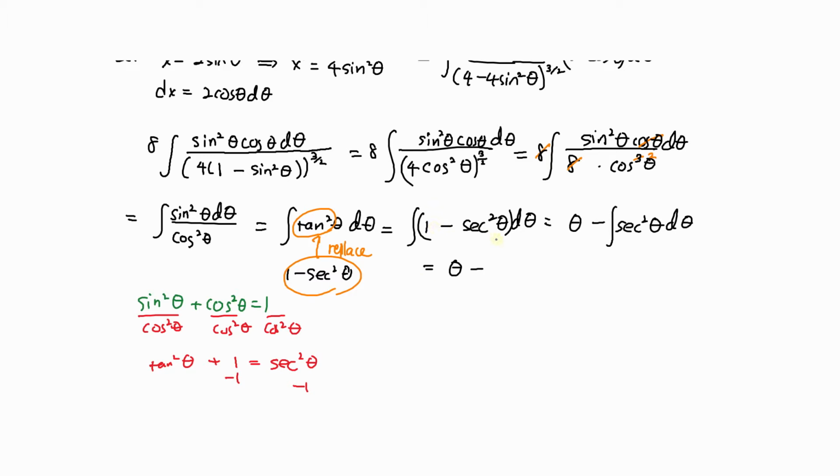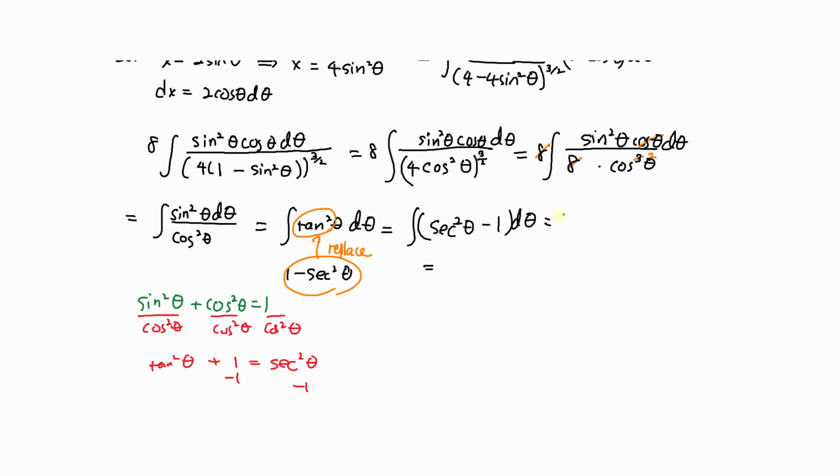So instead of 1 minus secant squared theta, which I rely too much on my memory for, I have to be careful that it should be secant squared theta minus 1. So I apologize.